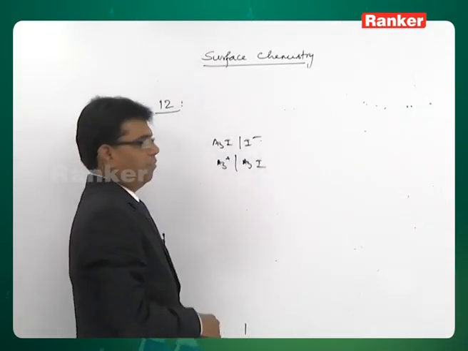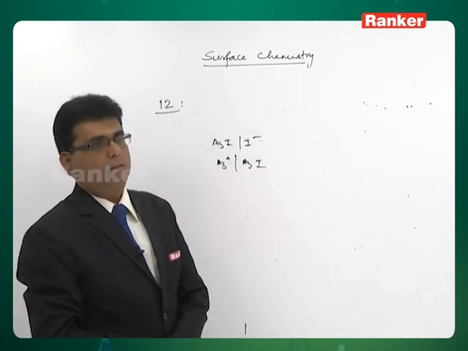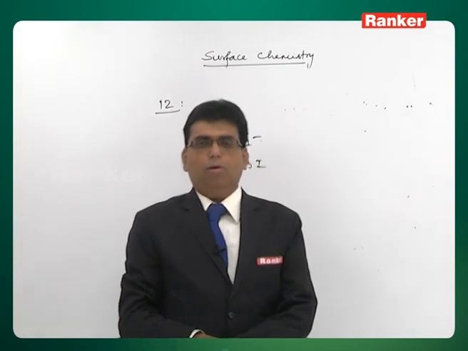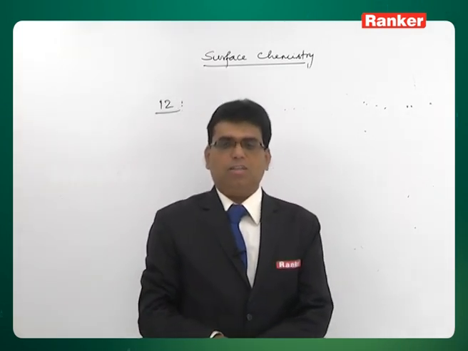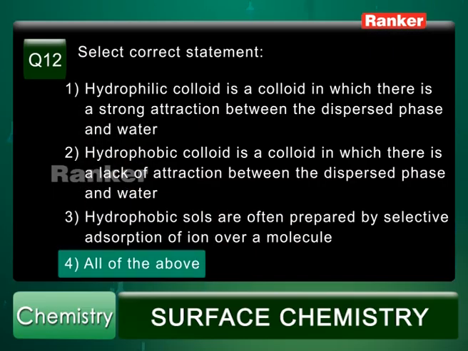Like this, we have a selective adsorption of one ion over the precipitate of the particular substance. So all three options 1, 2, 3 are correct. The correct answer is option 4, all the above.